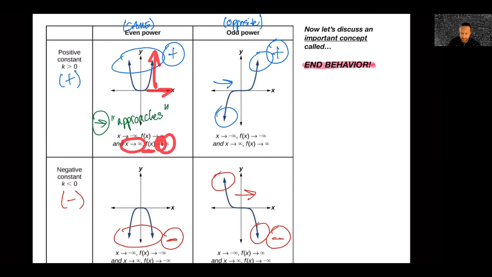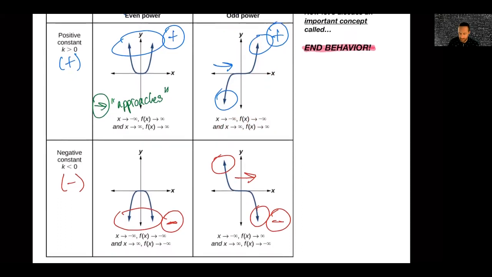Also positive infinity, if it's an even positive power function. Where if it's odd, we know when we go to the far left, we are going to start downwards for my y values, negative infinity. And when we approach the far right, positive infinity, what do my y values approach? That would be positive infinity this time.